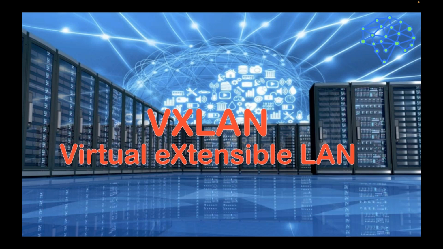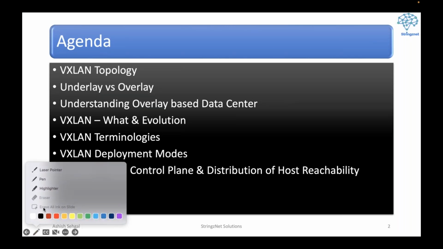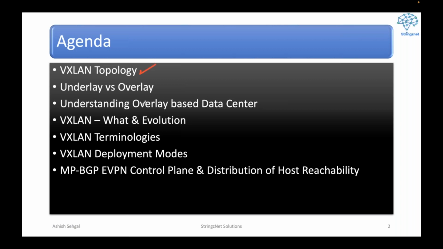We are going to talk about what exactly this technology is with regards to its topology, and the difference between the underlay and overlay, and why this difference is required. Because VXLAN is an overlay technology.